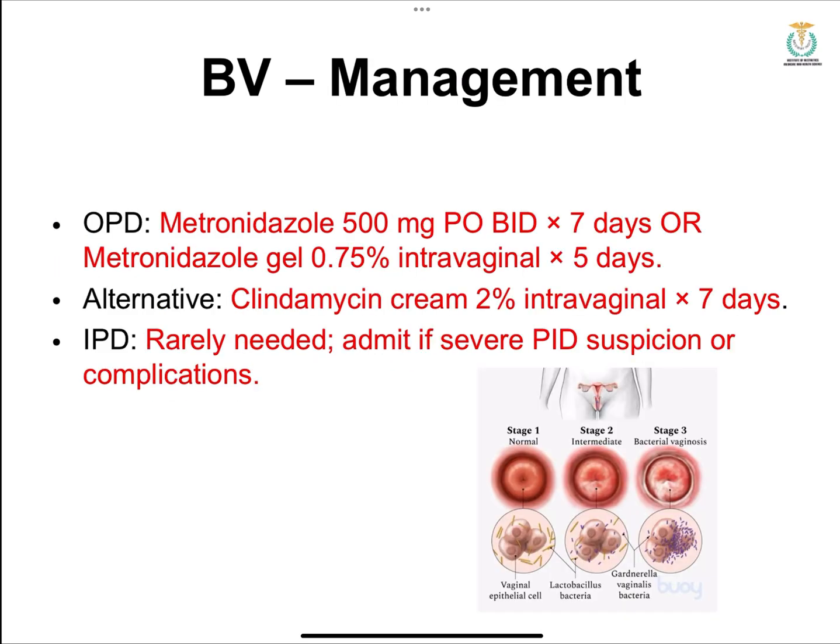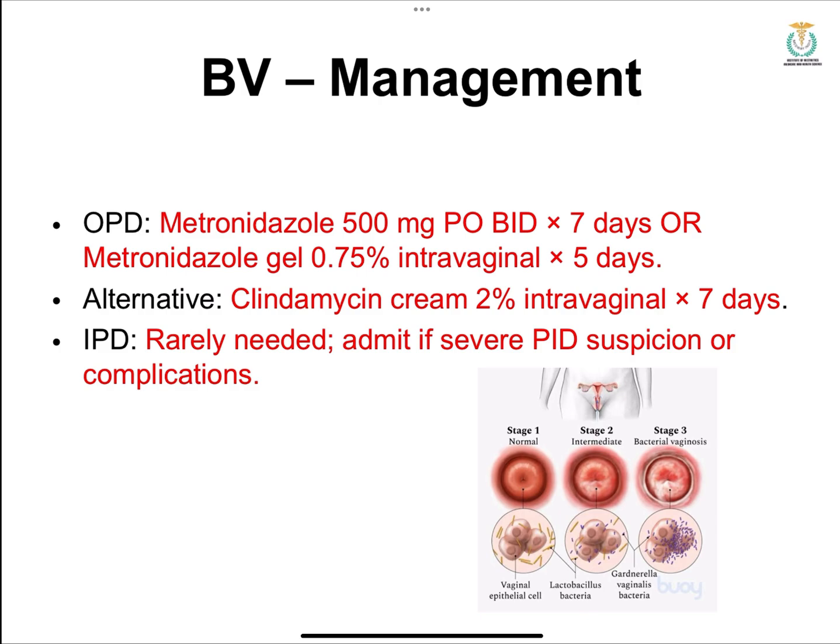Moving on to the management, how we can manage bacterial vaginosis on an OPD and IPD basis. In OPD, you can advise metronidazole 500 mg PO BID for 7 days, or metronidazole gel 0.75% intravaginal for 5 days. This you can advise the patient on an OPD basis.